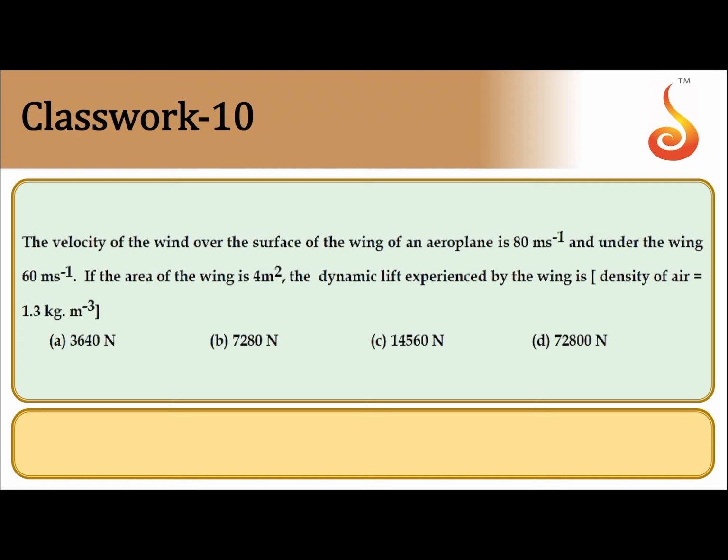Question number 10. The velocity of the wind over the surface of the wing of an aeroplane is 80 meters per second, and under the wing it is 60 meters per second. If the area of the wing is 4 meters square, then the dynamic lift experienced by the wing is, okay.